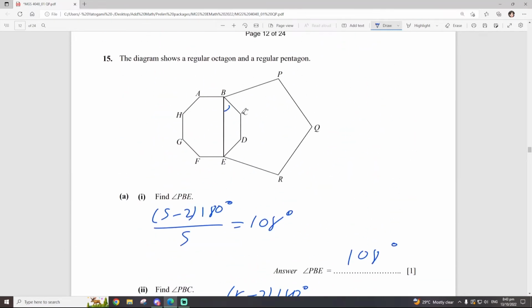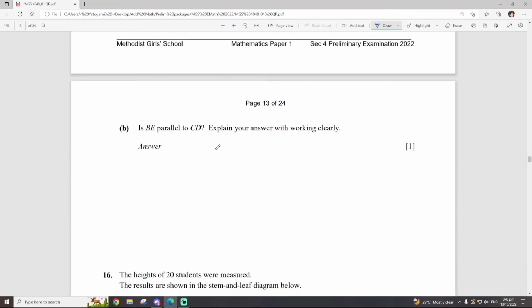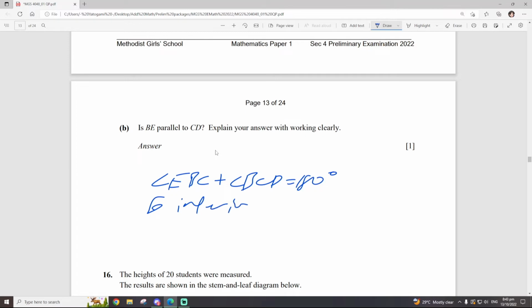So angle EBC plus angle BCD equals 180 degrees. So they are interior angles. Therefore, BE is parallel to CD. Okay, I think that will be it.